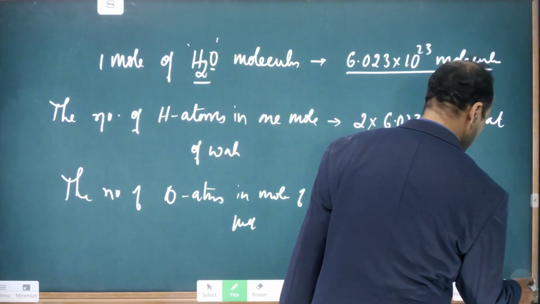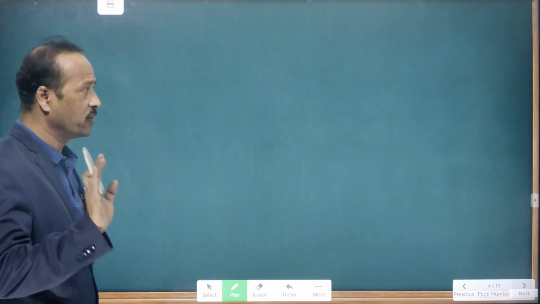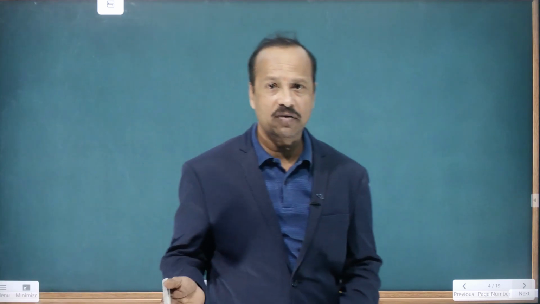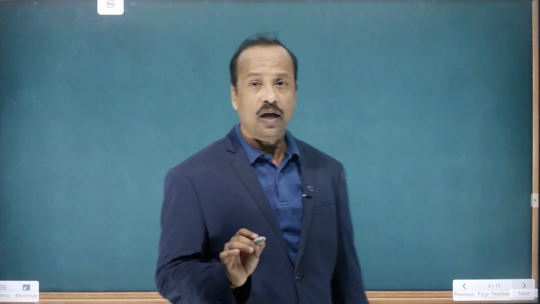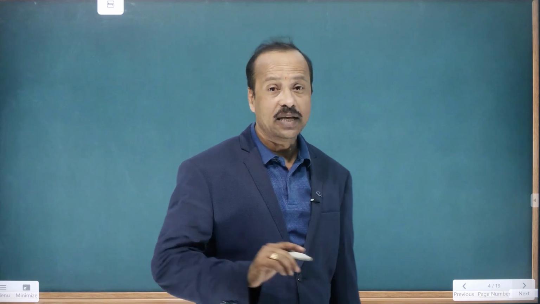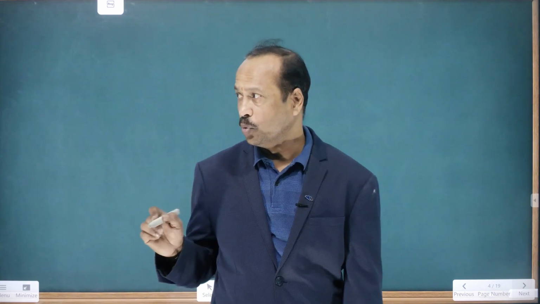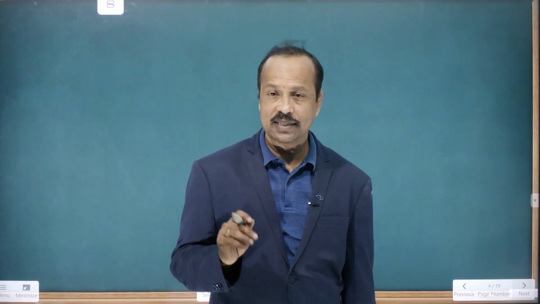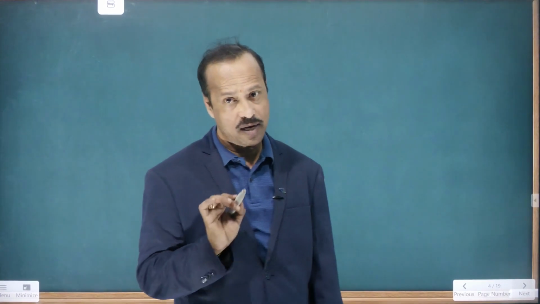Now the question arises: I think we already discussed this, but once again, for your information, where has this 1 mole concept been taken from? Already we discussed the atomic weight in the previous class. 1 atomic mass unit, 1 AMU, the standard one is taken as the 12th part of carbon.